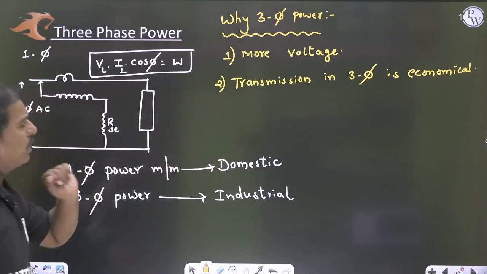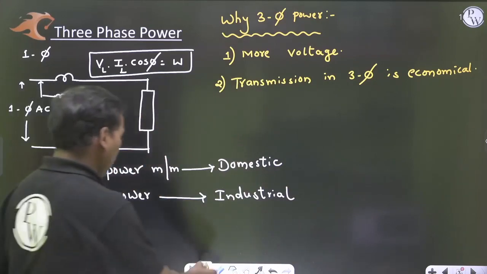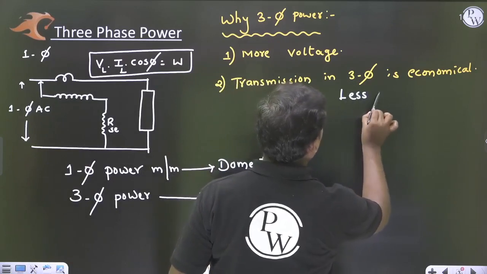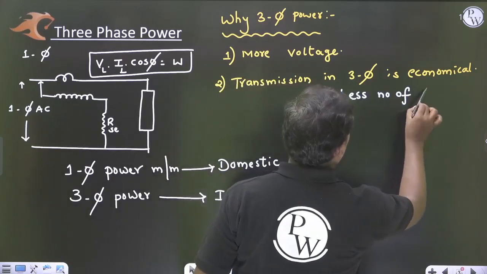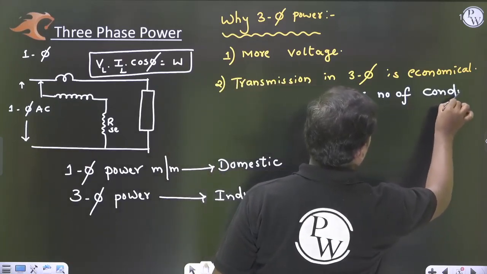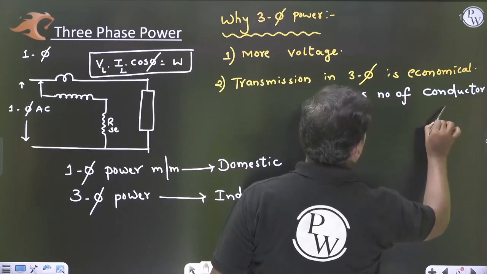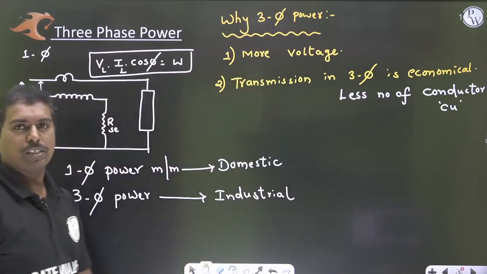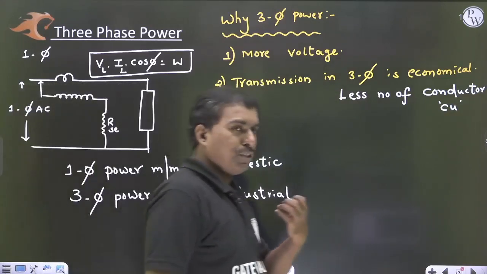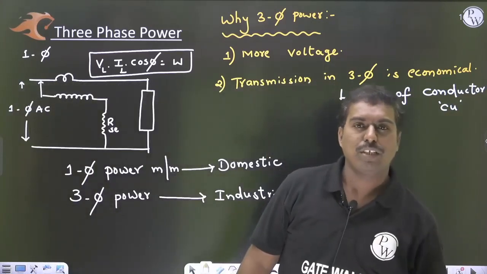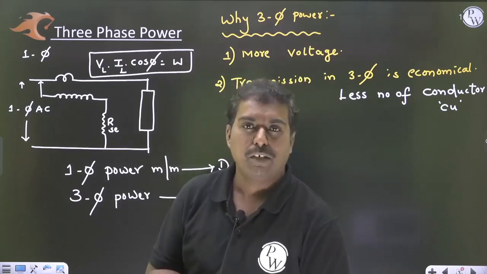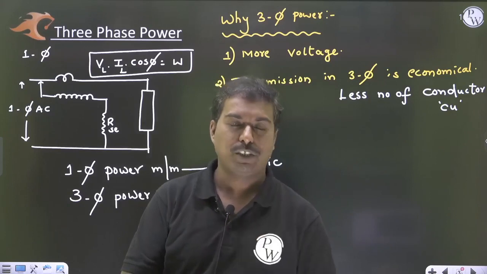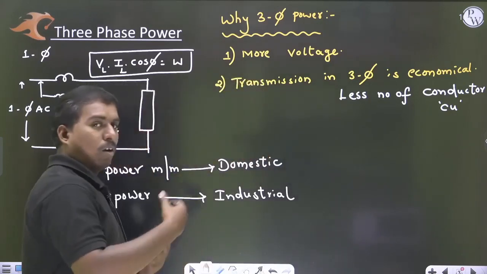The major point is transmission in three phase is economical because we need less number of conductors. Conductor means copper, so losses are also less, budget is also less. In that way, three phase is found to be one of the best applications when you want to transmit the power over a long duration.